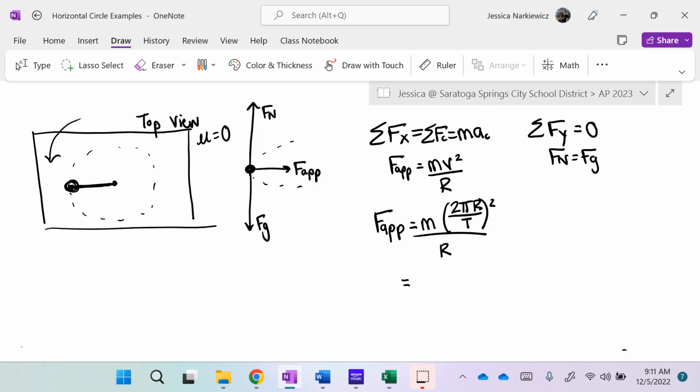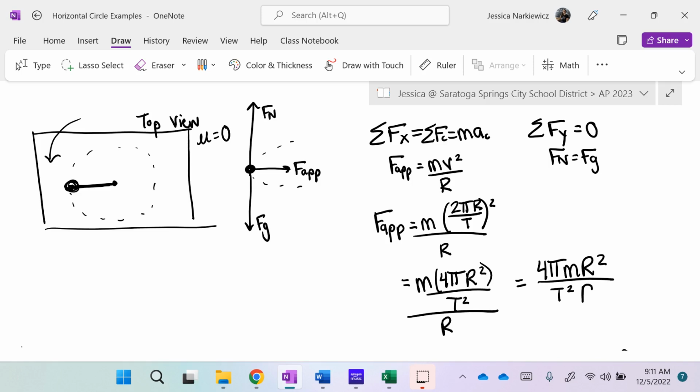But when we actually go through and distribute this squared to all the terms, we get 4 pi squared r squared over T squared, all over r. So that becomes 4 pi squared r squared over T squared over r. R cancels.